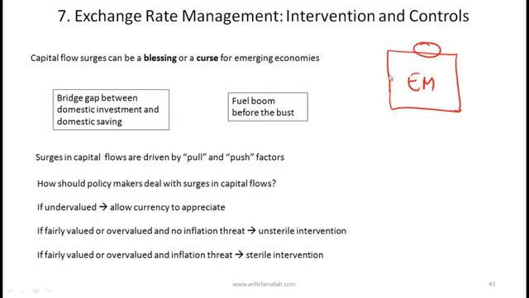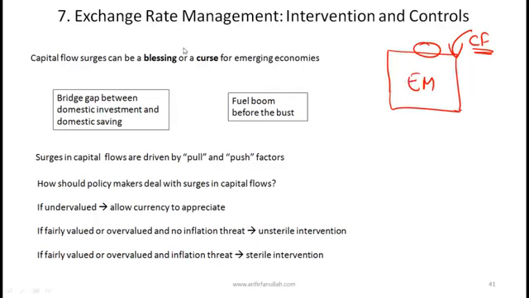The question now is, how should you deal with a major surge of capital flow into your economy? Let's say your economy is doing well and investors from the developed world want to pour money into your country. So there is this surge in capital flows. Is this good or bad, and how do you deal with it?